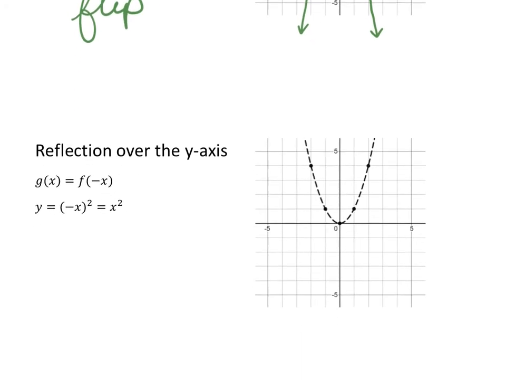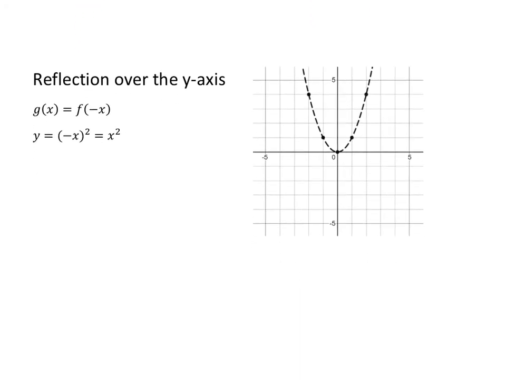Remembering we have this last reflection that you won't see that often because it doesn't really change the function for us. When you get an odd function, you'll see it. But we know that this is happening inside. Okay? If it's happening inside, that means it's flipping or reflecting over this vertical axis.